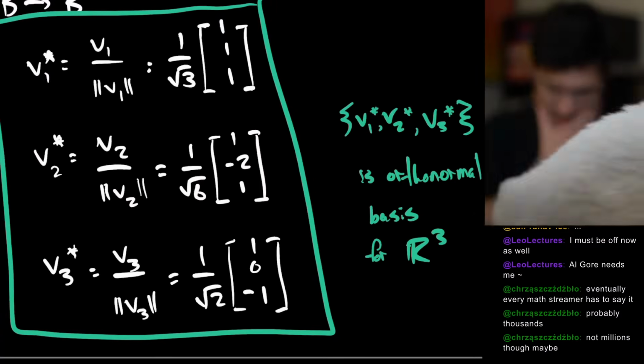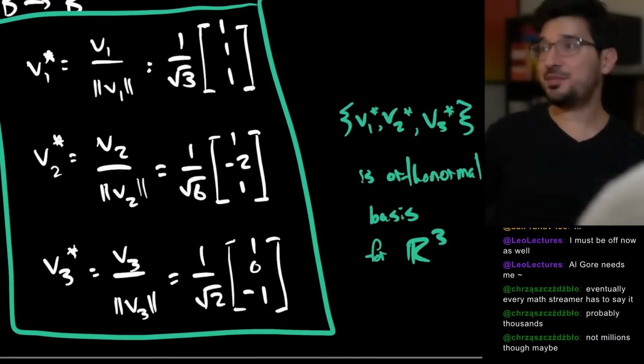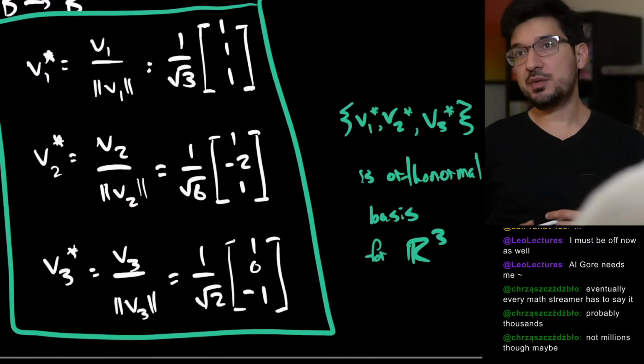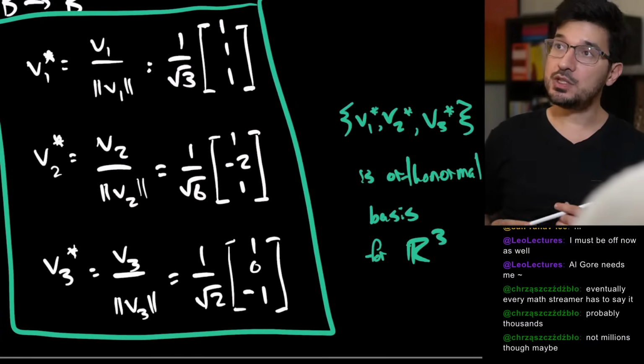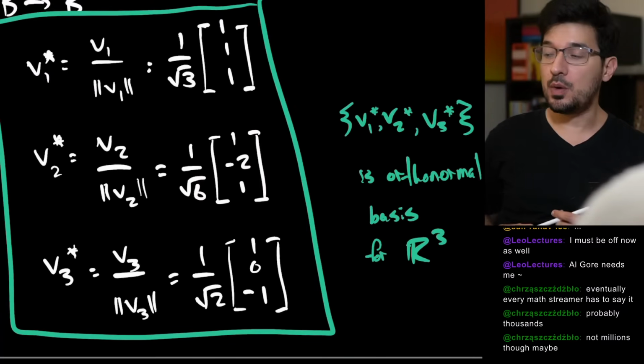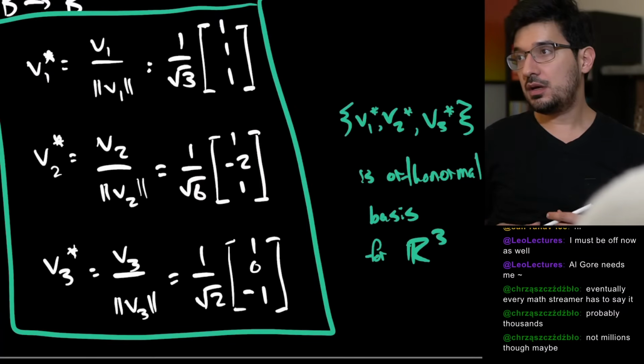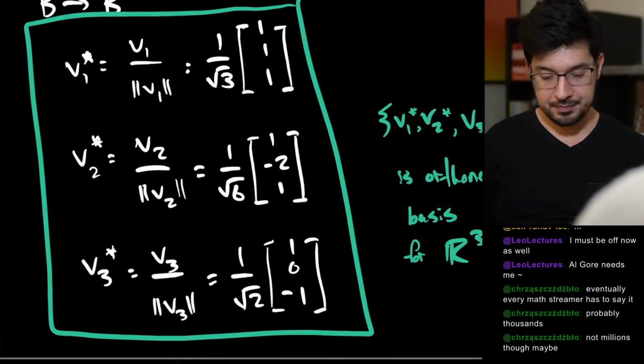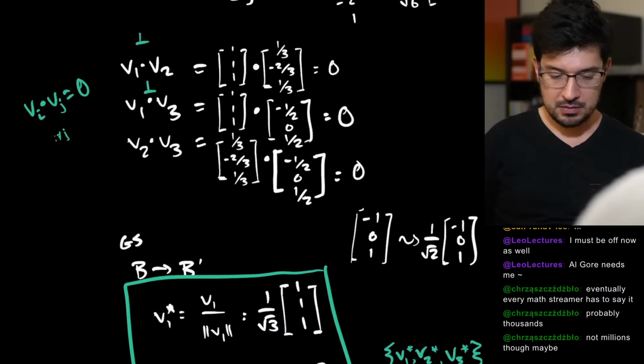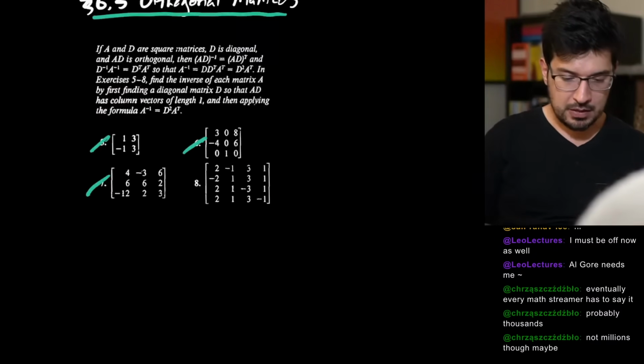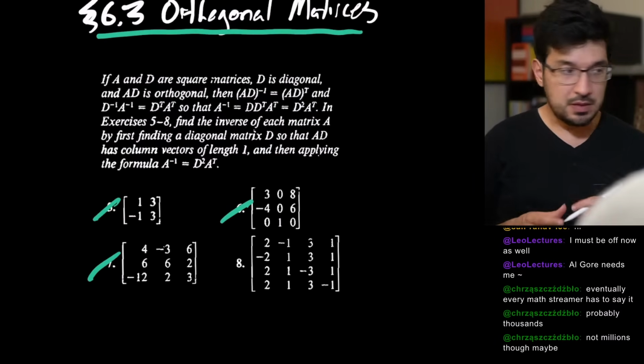Cool. I think that's pretty awesome. So starting with any arbitrary basis, we can generate an orthonormal basis from it. Neat. Now, orthogonal matrices.